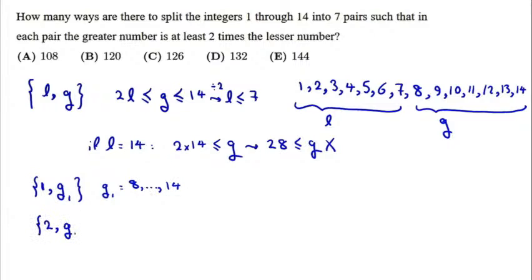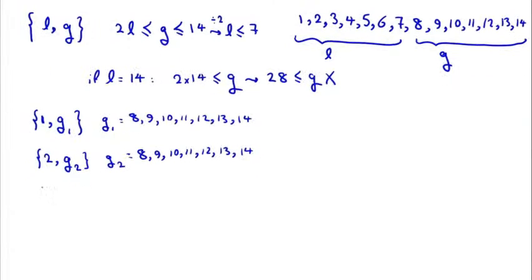If the lesser number is 2, G2 can be, let me write all of them here, 8, 9, 10, 11, 12, 13, 14. And for the next one, it will be 8, 9 again, 10, 11, 12, 13, 14. Now, let's consider if the lesser number is 3, G3 is 2 times this, again 8, 9 to 14.